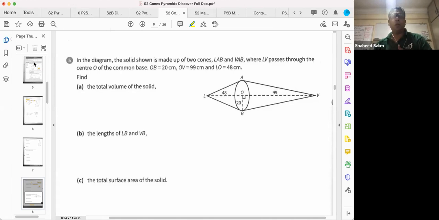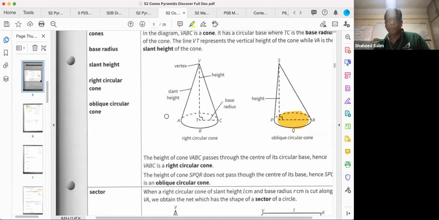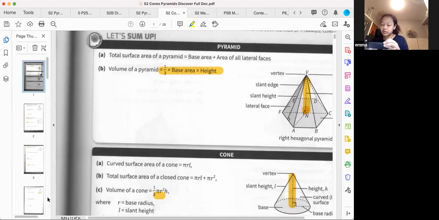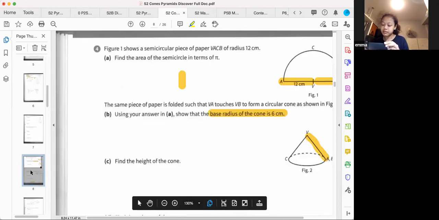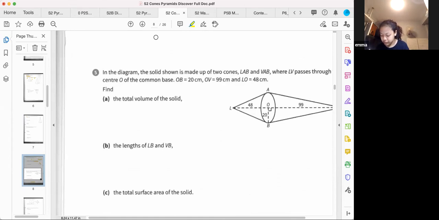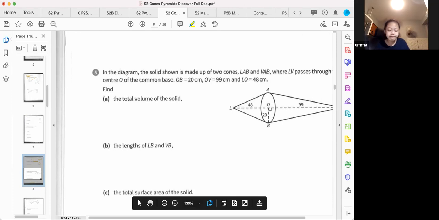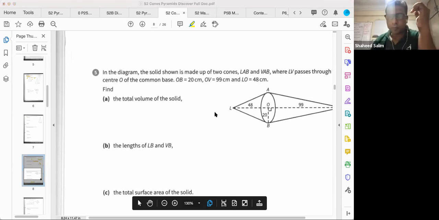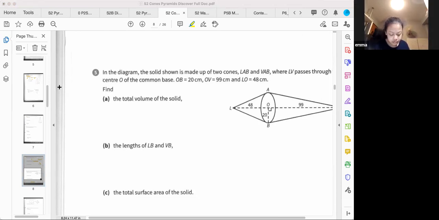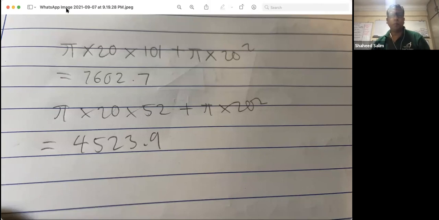Can you take a photo of your working? Check. This one, right?